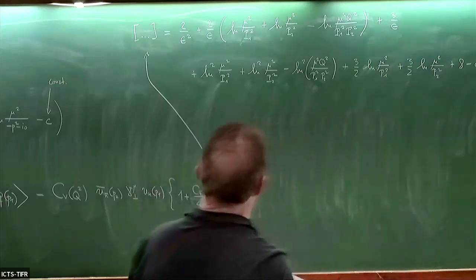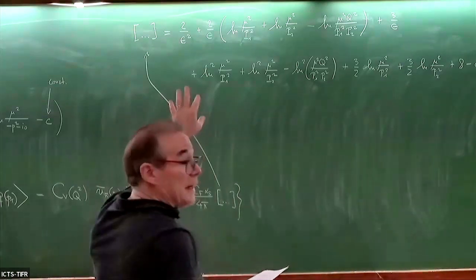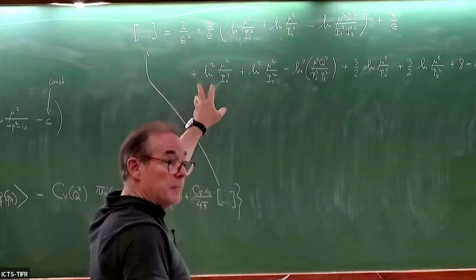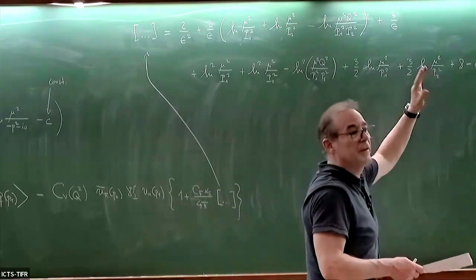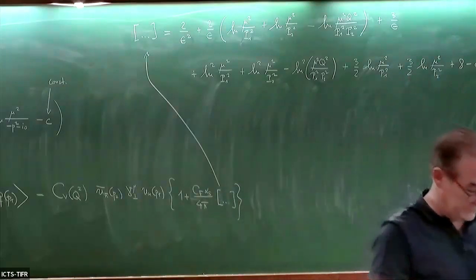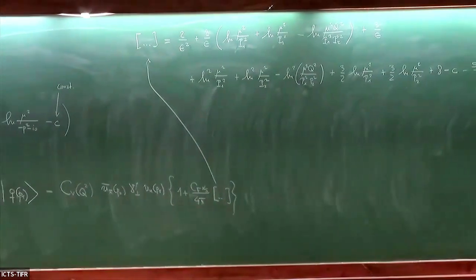Okay, that's what we get. It looks a little bit different from our toy example because, for instance, we didn't have these single logs, and the reason is that we didn't include the numerator structure completely. This is the exact result.